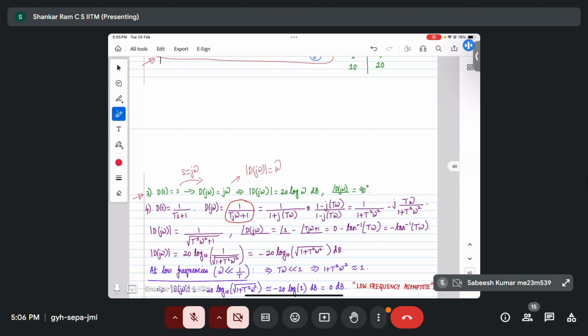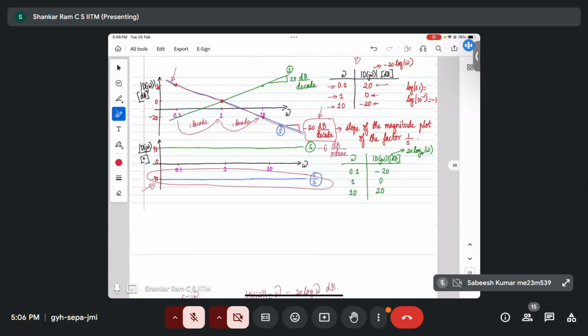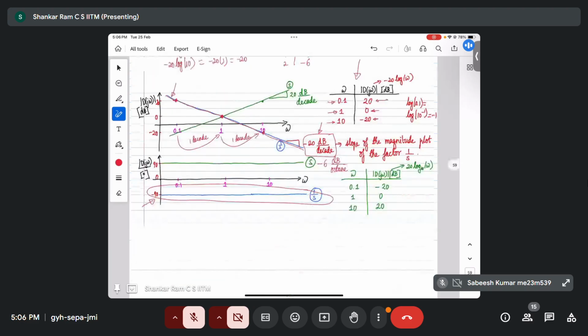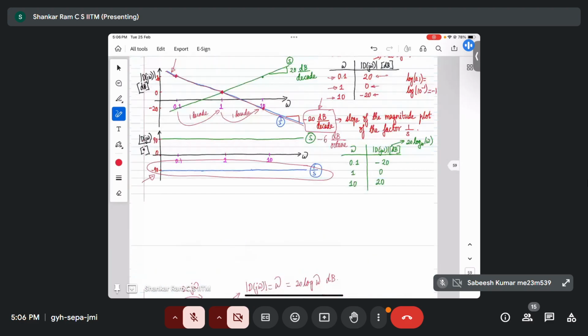So we get the answer to be omega. If we write in terms of decibel measure, this becomes 20 log omega decibels. And the phase is 90 degrees because when we are dealing with the j omega axis, we are essentially dealing with the imaginary axis, right? The phase is going to be 90 degrees. Okay, so that's how we get the phase to be 90, which is a constant.